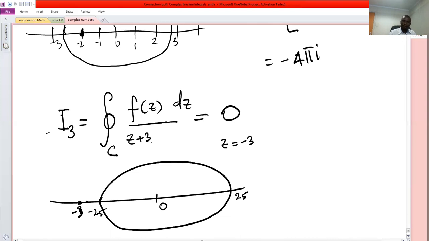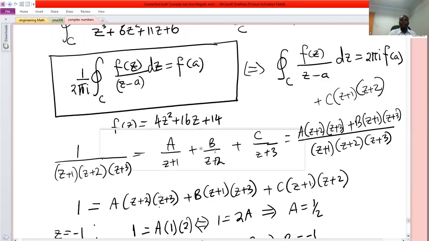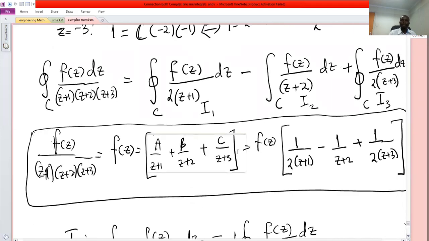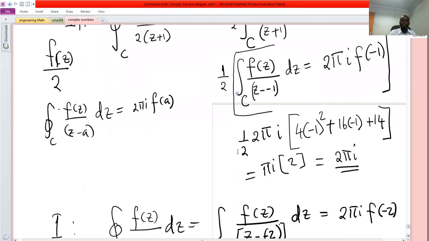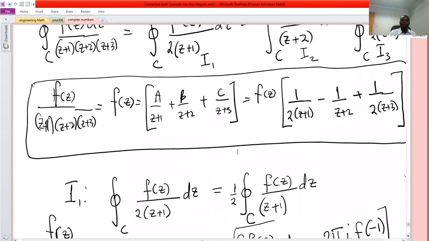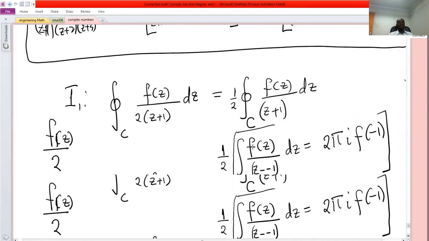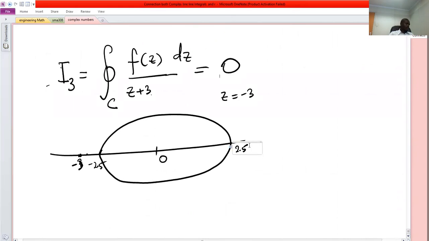So I'll have the total integral now. I1 is given by 2 pi i, I3 is 0, and I2 is giving us minus 4 pi i.